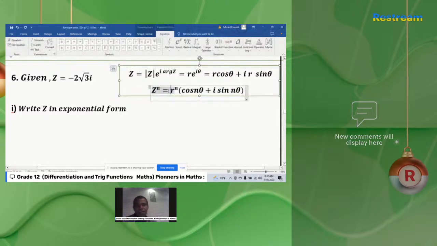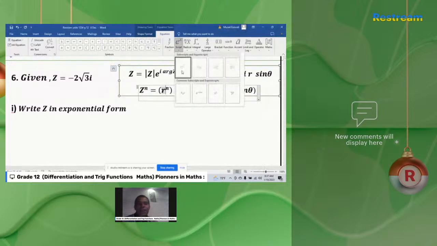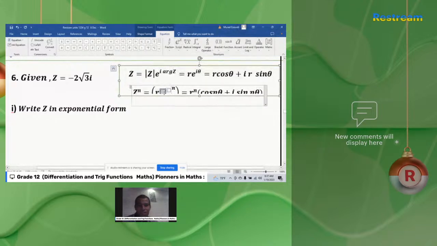This one is equal also to r to the power n, or I will make parentheses. Okay, I will close this one. This is equal to r exponential, I will make another one here, exponential I argument of z, or I theta.